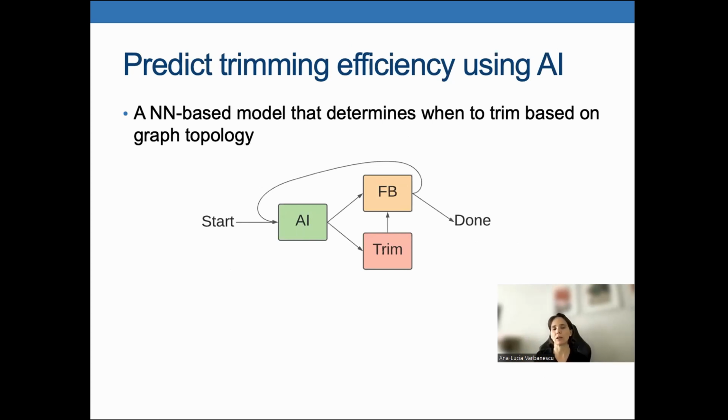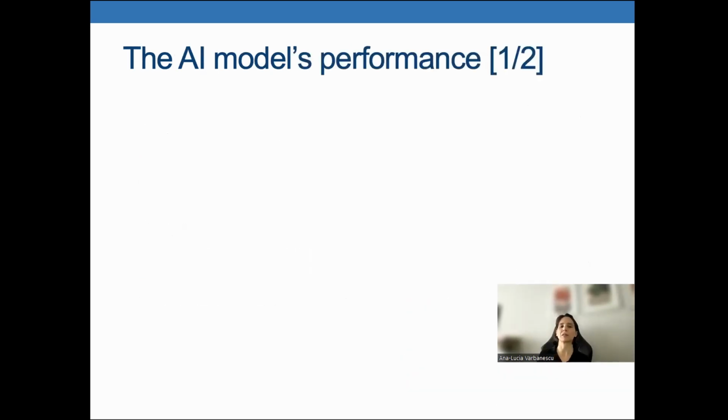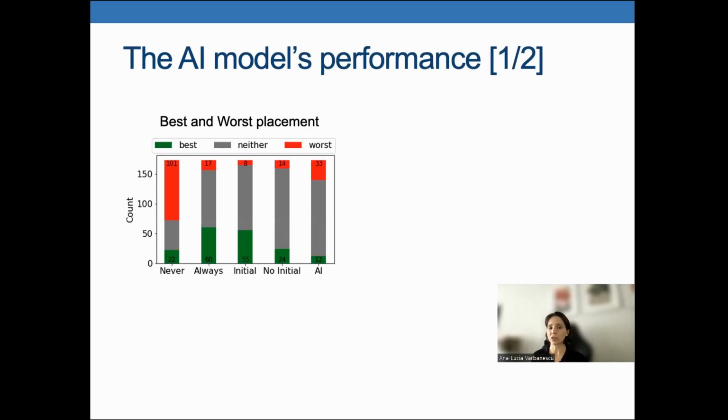Then we apply the trimming according to the model, and we see whether the performance we obtain with this model is better. I can skip the actual training of the network, and then we can look a little bit at the performance.